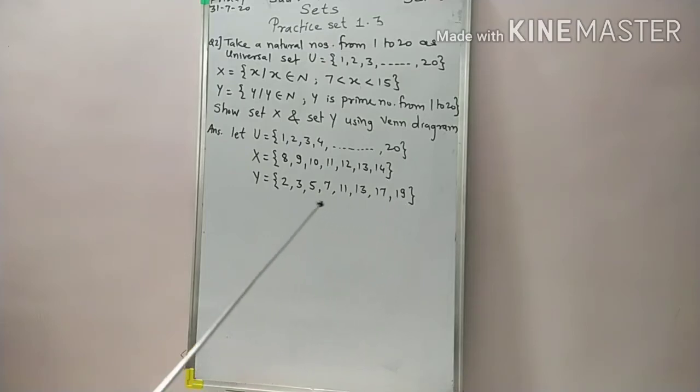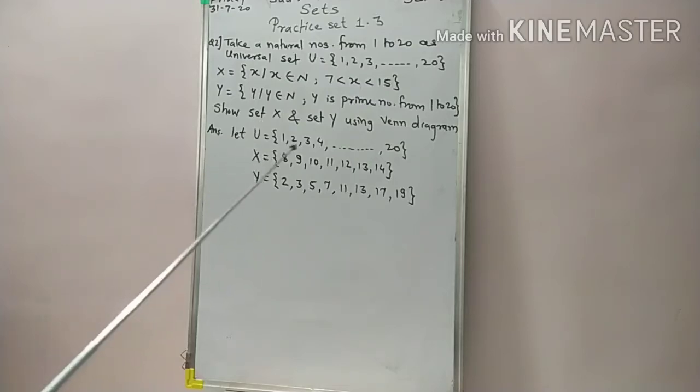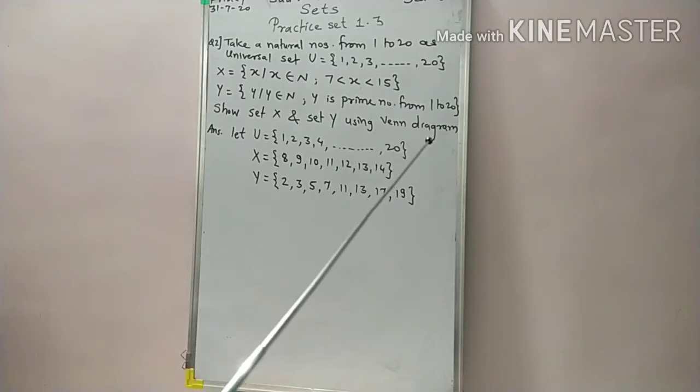Okay students, now these three sets, as we are in listing method, we have to represent by Venn diagram.